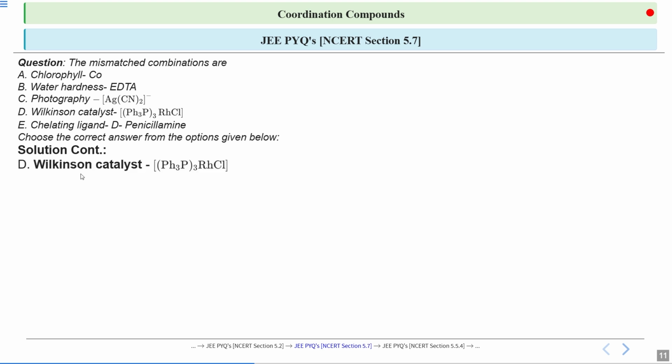Now let's see the D. It is given as Wilkinson catalyst, and it is matched with the (PPh3)3RhCl complex, a rhodium complex, right? So this is the structure of Wilkinson catalyst. We have rhodium at the very center, connected with 3 triphenylphosphine ligands and 1 chloride ligand.